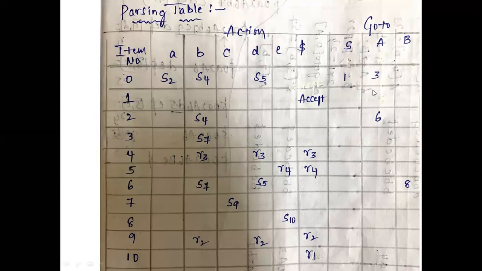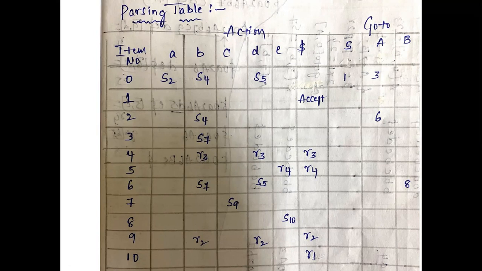Is it clear? In the goto column we consider the item number along with the non-terminal. For writing the shift operations, we consider the item number along with the terminals. Is it clear now?